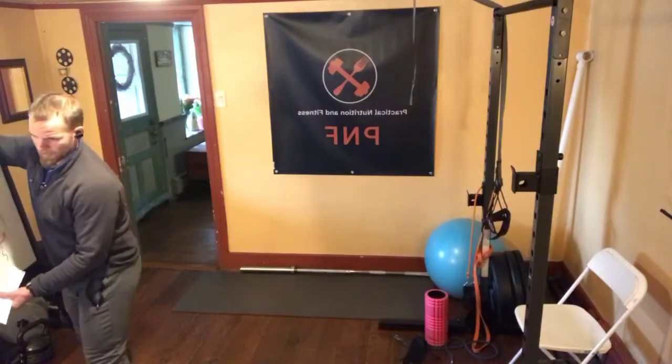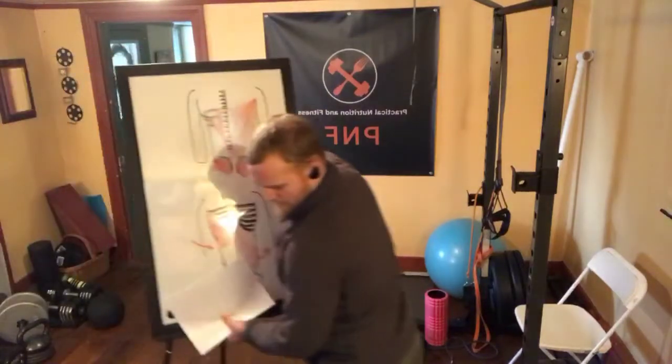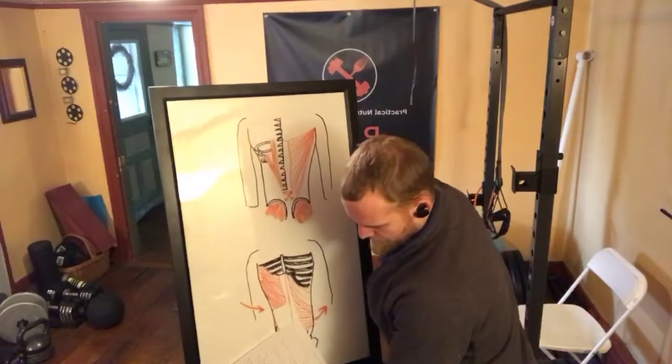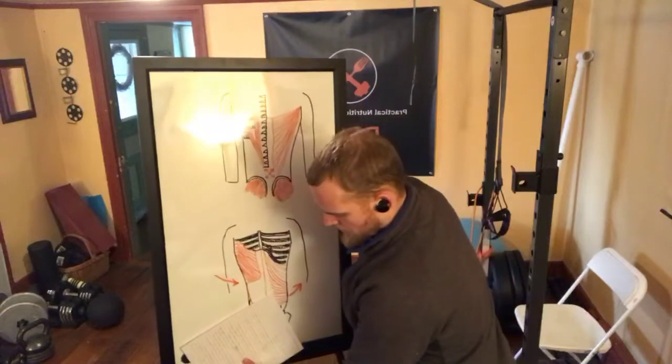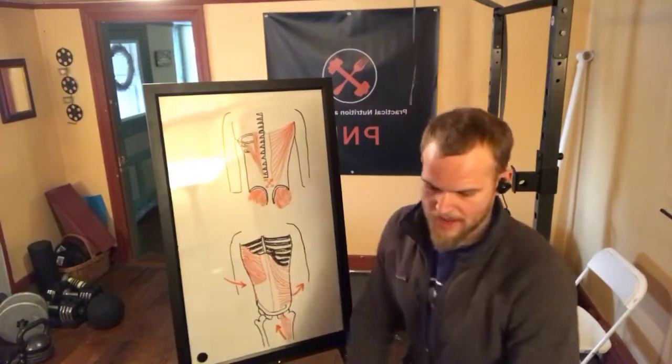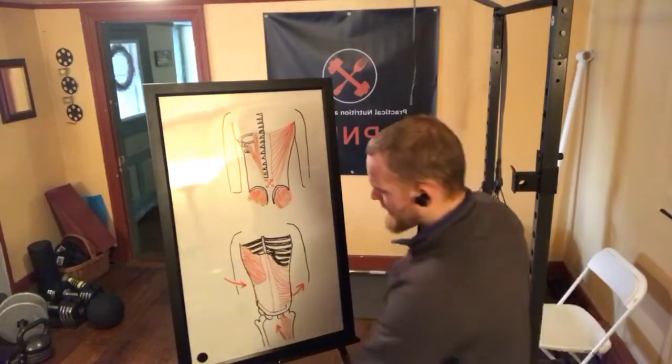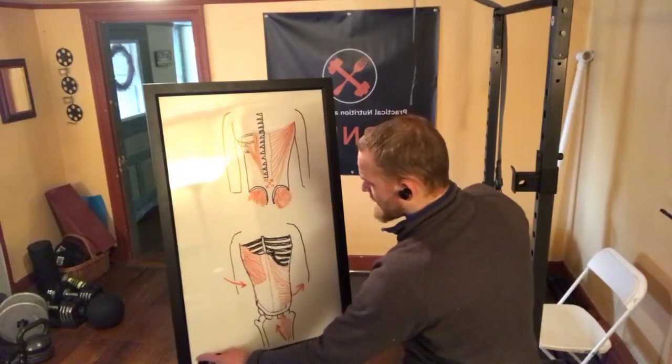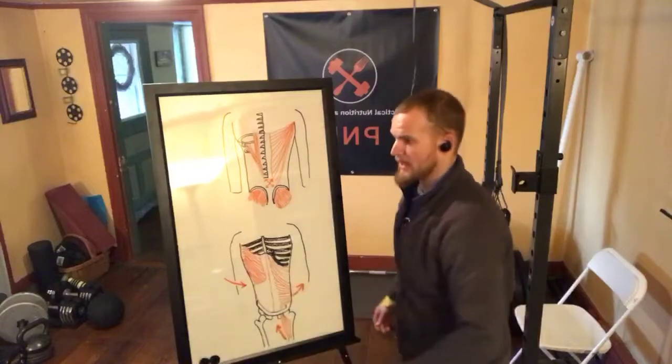I'm just going to pull this back out to run through it. So when we're thinking about this, we're never working just one muscle at a time, and we're really never just working one sling either.